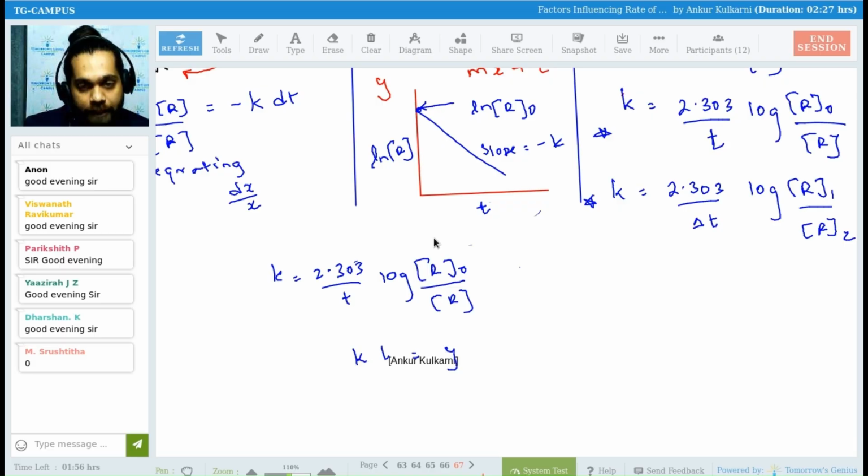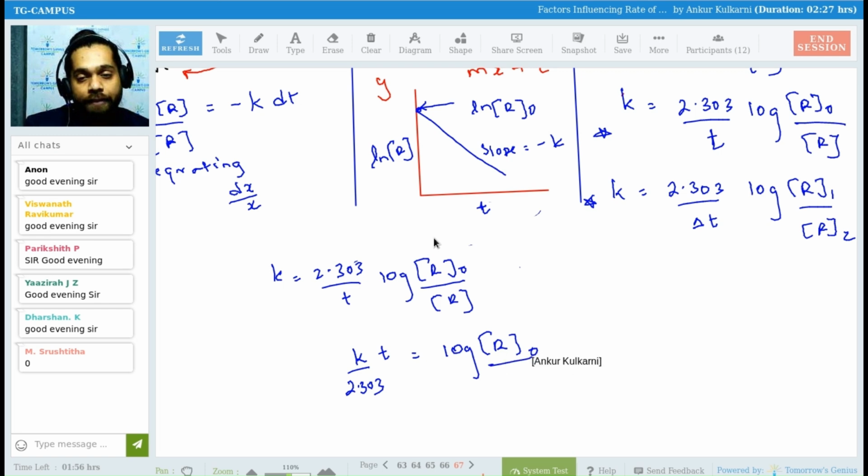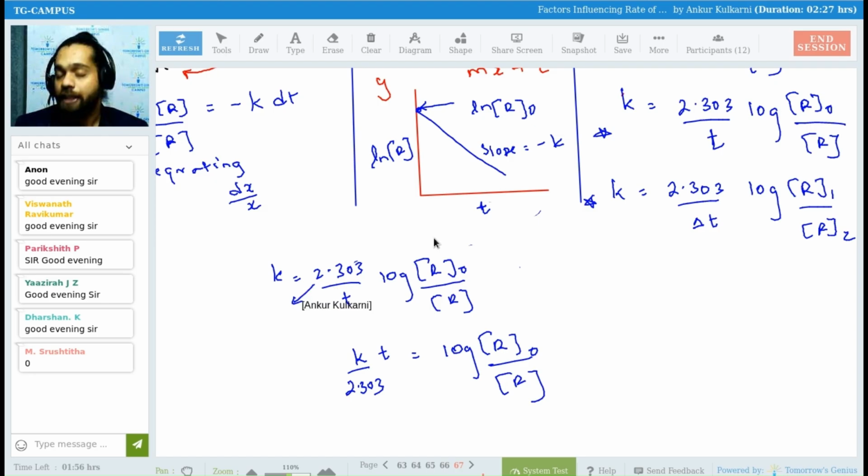So K t over 2.303 equals log R naught by R. I have taken t to that side, so it has become Kt over 2.303. I hope no one has doubt till here. Is it clear? Yes or no in the chat box?